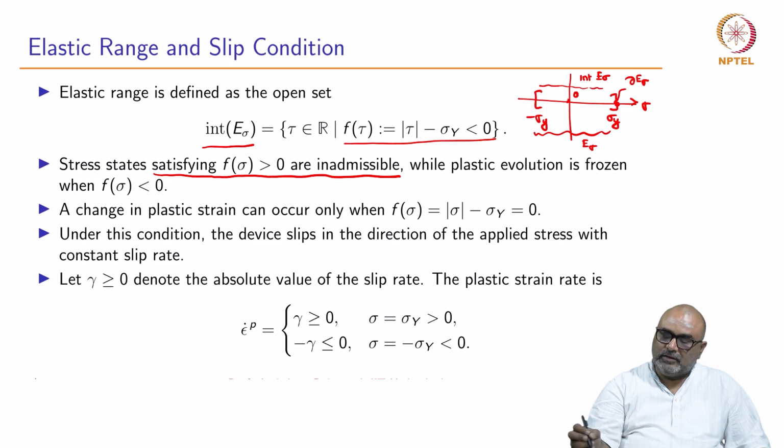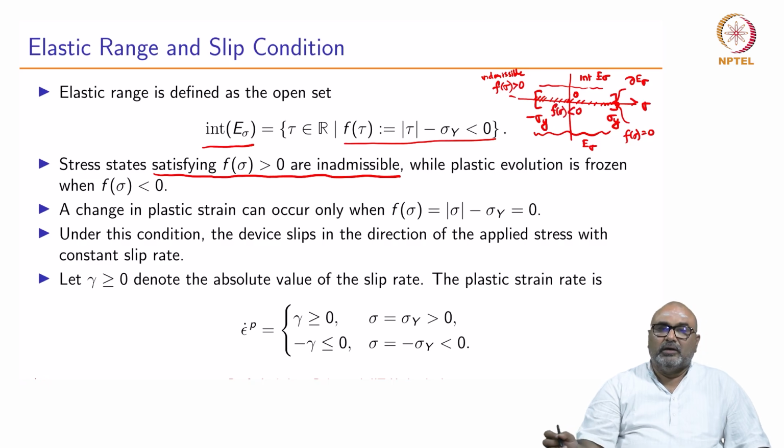For any stress state outside this region, when f of sigma is greater than 0, we are going to have an inadmissible stress state, and when f of sigma is equal to 0, we are going to be on the boundaries of this admissible region, and when f of sigma is less than 0, it is an admissible stress state, and we are going to be inside that region, the interior of E of sigma.